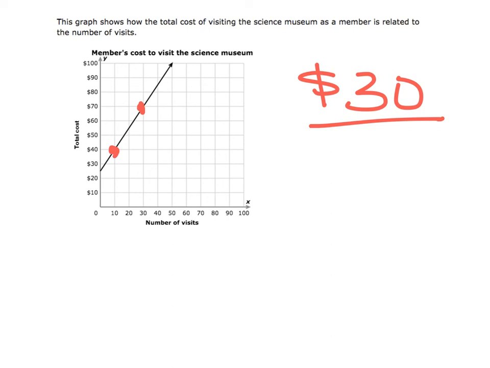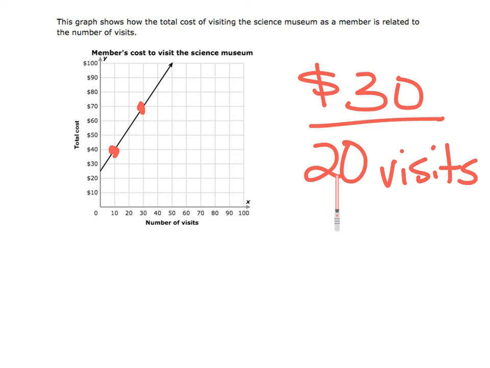So 10 to 30, that's going to give us 20 visits. Now we need to divide. What is 30 divided by 20? If you do that on your calculator, or, because some people think that's cheating, if you do it using long division, you get 1.5 or 1 5/10.